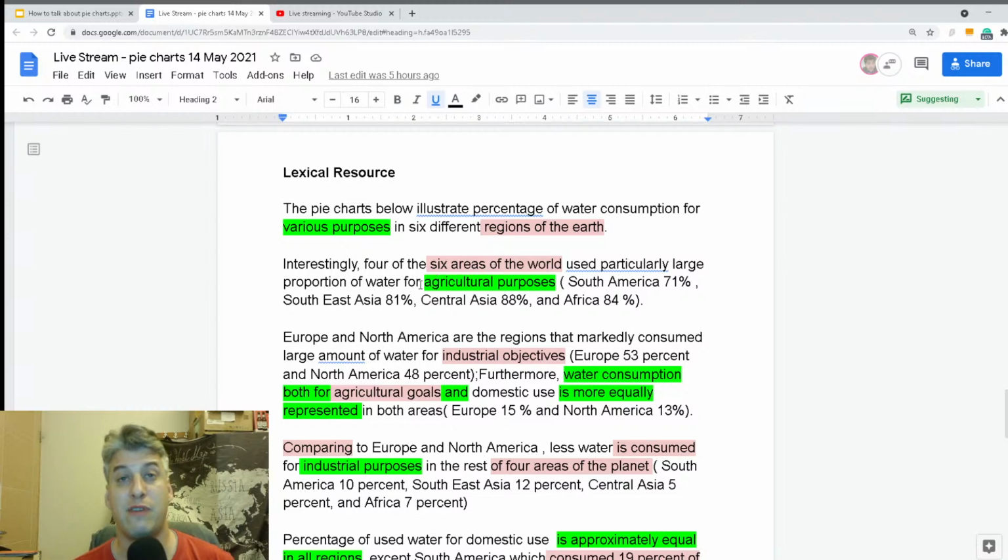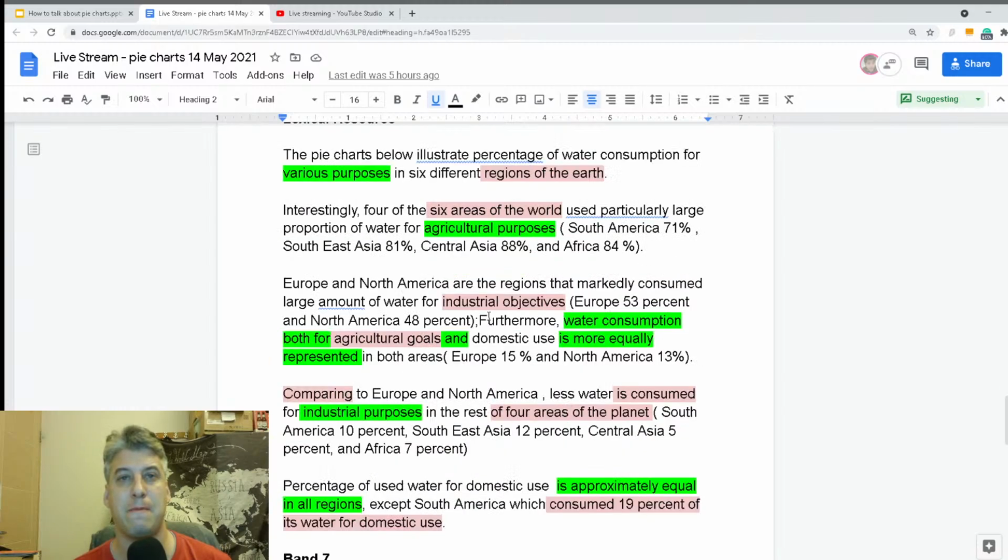I love the phrase agricultural purposes. Again, a great collocation. But industrial objectives below is not quite what we're talking about here. Industrial uses might be better. Industrial processes, perhaps, but not objectives. It's not quite the right phrase to use here. Moving on, great use of words like water consumption.